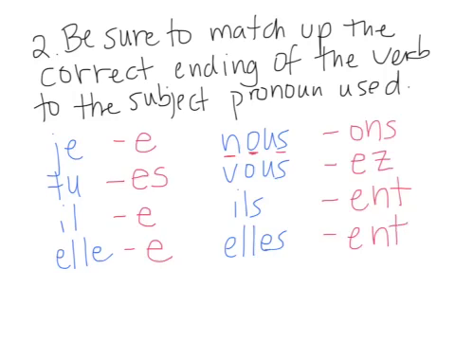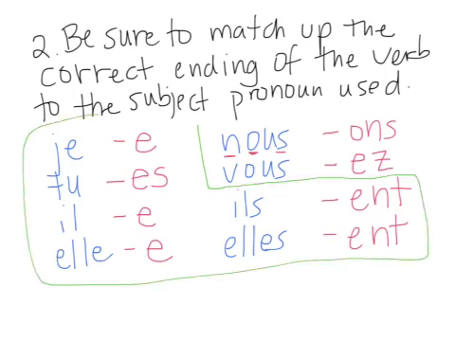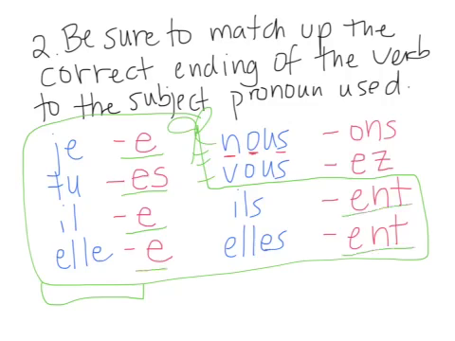Again, this has to do with spelling, so that we're matching up the subject pronoun with the appropriate ending to the root of our verb. And for pronunciation purposes, think of it as a little boot. Here's my pretty boot with my little laces and my little heel. All of these endings, although we write and spell them a little differently, are all silent.